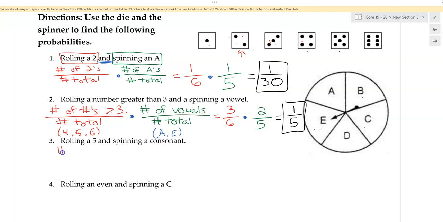All right, looking at number 3, rolling a 5 and spinning a consonant. So that's the number of 5s out of the number total. There's this word "and," that means to multiply.